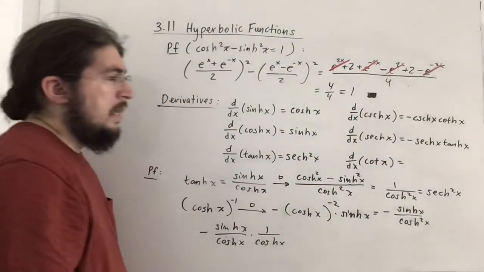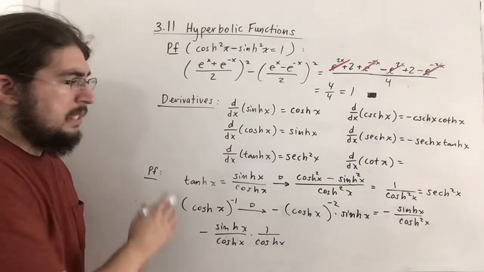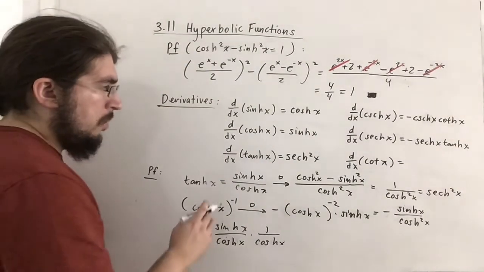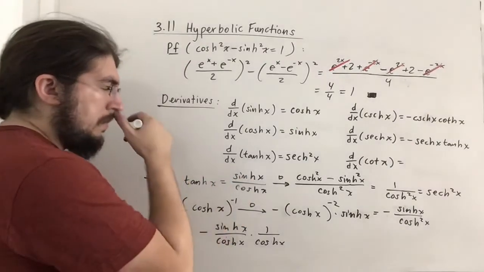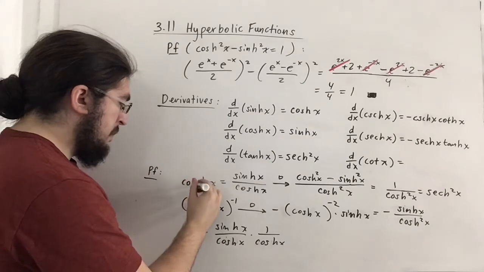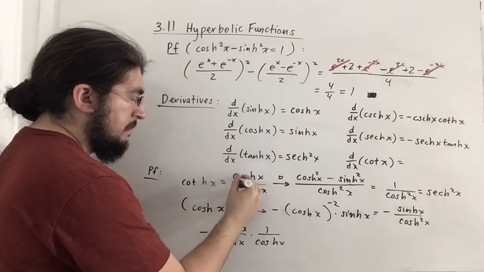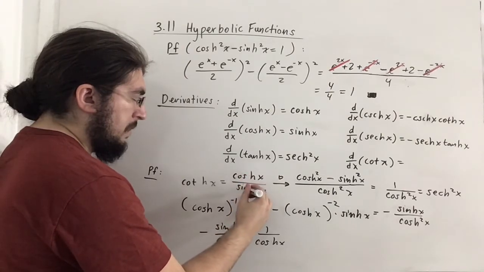Great. And cotangent, we can actually do something similar here. Let me see how we would modify this. So we replace tangent with cotangent. Tangent is sine over cosine, but cotangent is cosine over sine. So again, using this as a template.